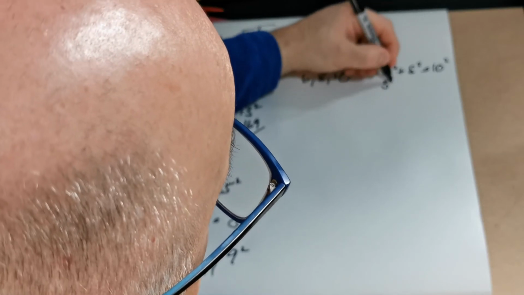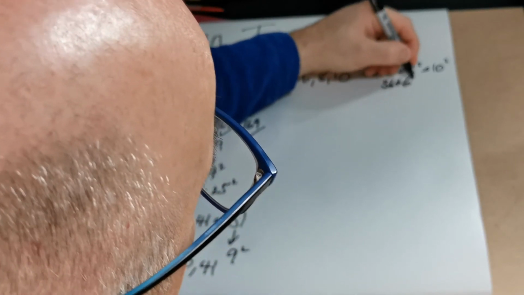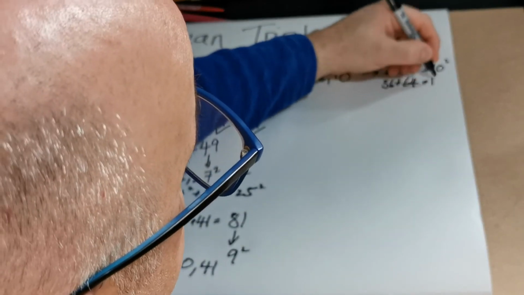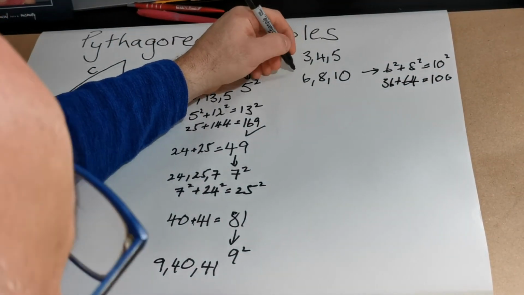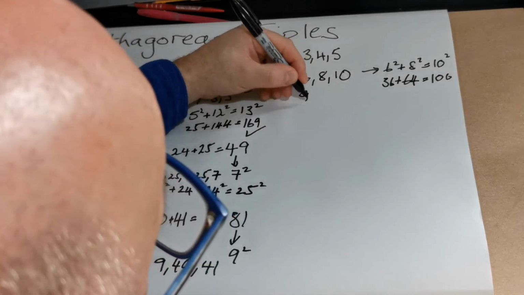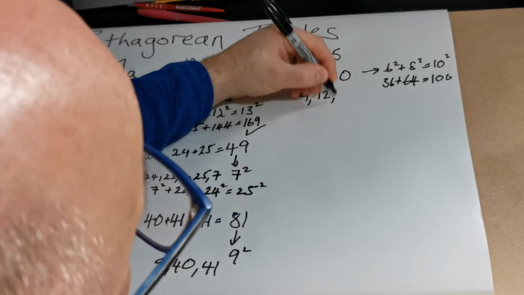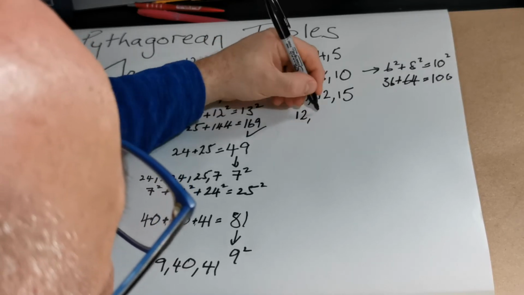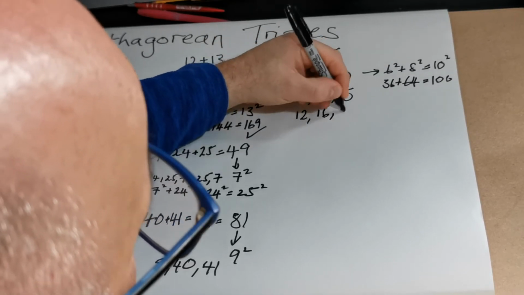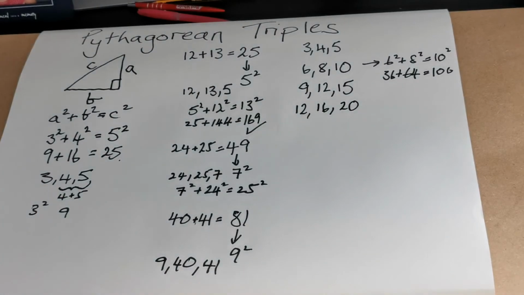Or 36 plus 64 indeed does make 100. So that works. So starting from this base, I can times by 3, so I could have 9, 12, 15, or I could have 12, 16, 20. All those are Pythagorean triples.